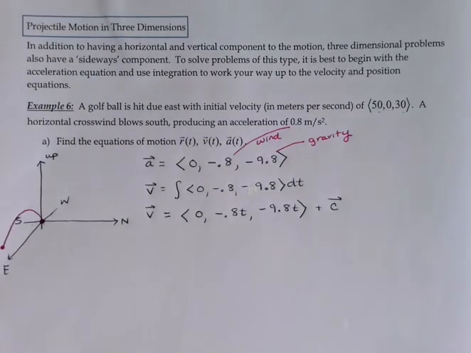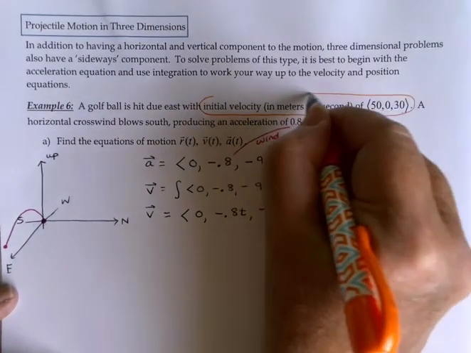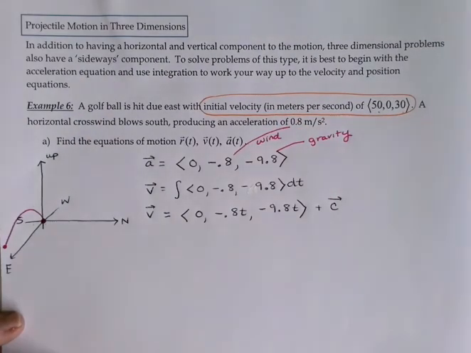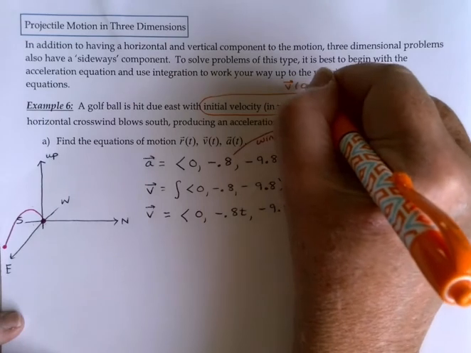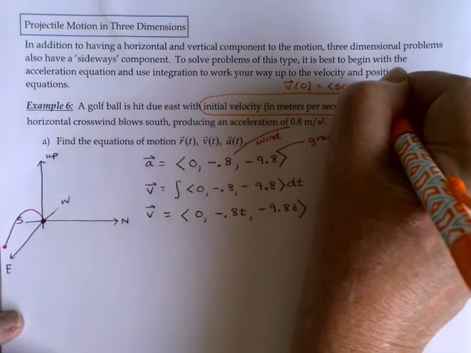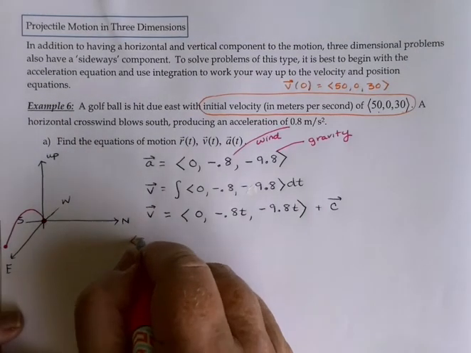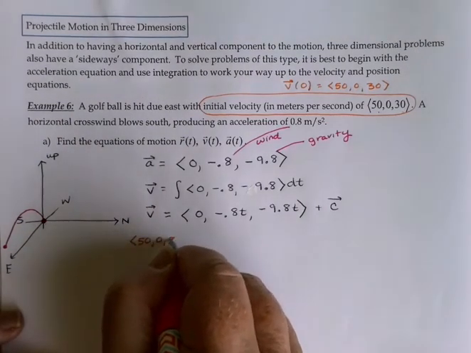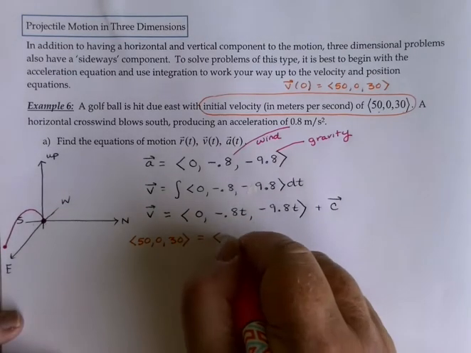Now I do have an initial velocity condition. I was told that the initial velocity is 50, 0, 30. So I know that v of 0 has to be 50, 0, 30. So I know I'll get 50, 0, 30 when I plug t equals 0 in here.